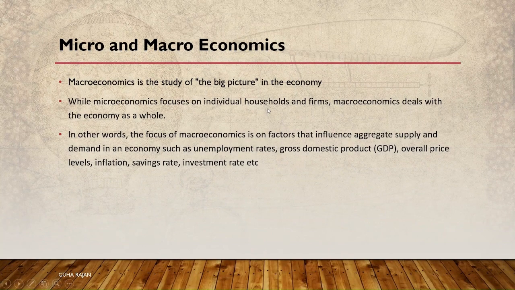Macroeconomics deals with the unemployment rate, GDP, which depends on consumption, the overall price level, inflation, saving rate and investment. Any government focuses on all these things. That is what a government has to focus on.